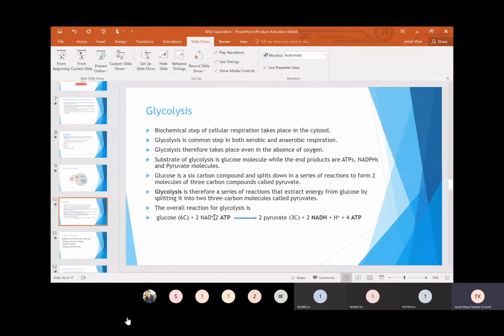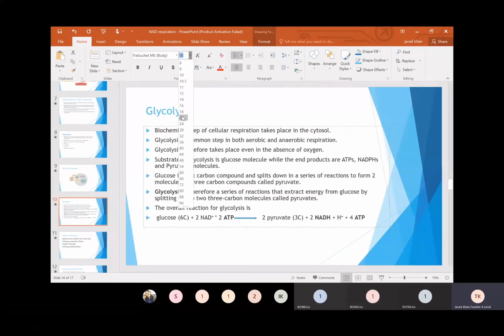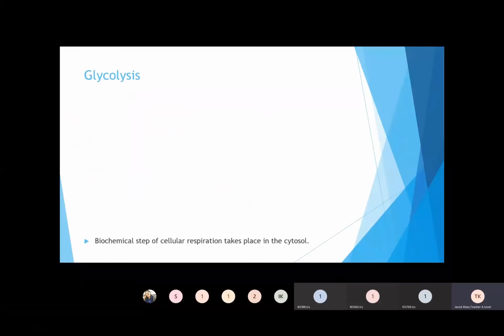There are 2 different reactants, so this is another molecule. NAD plus is a different molecule, and plus means it's another reactant: 2 ATP molecules. I'm going to a slideshow from the current slide.